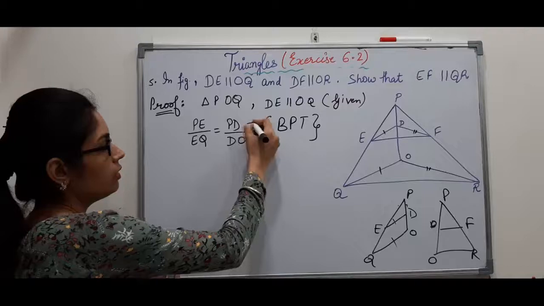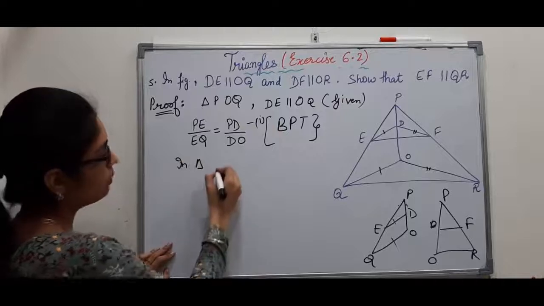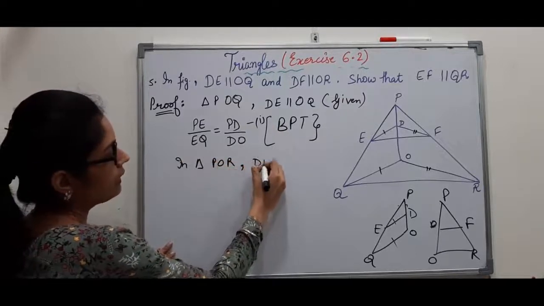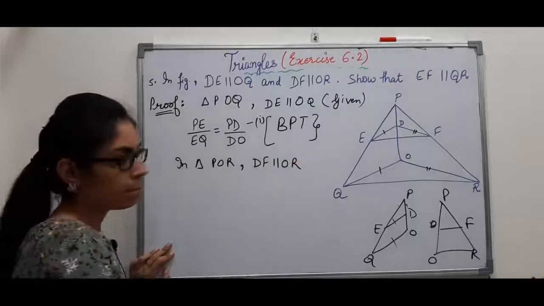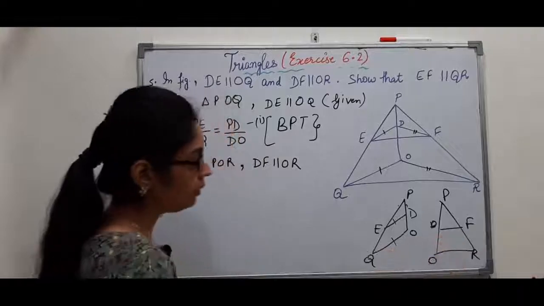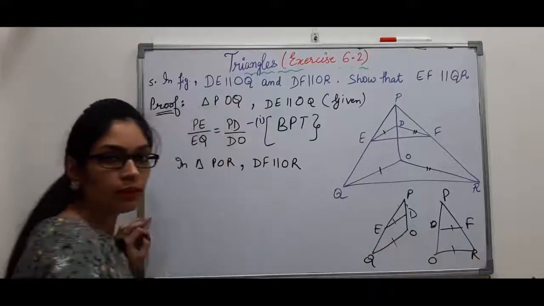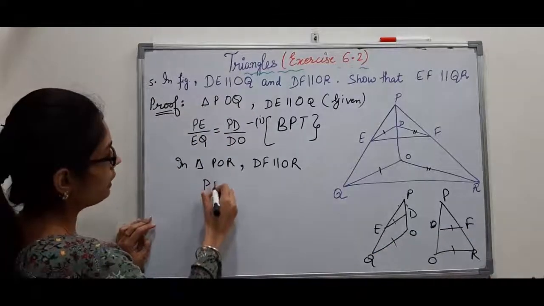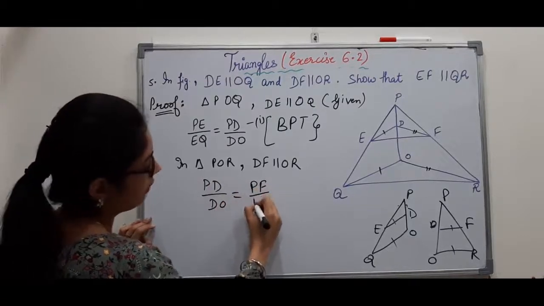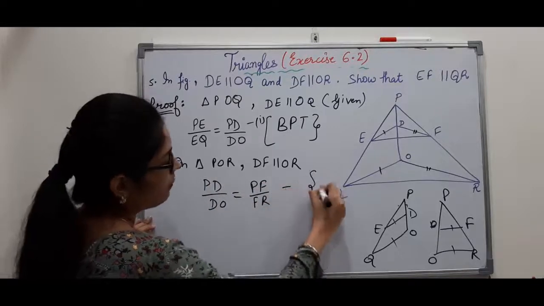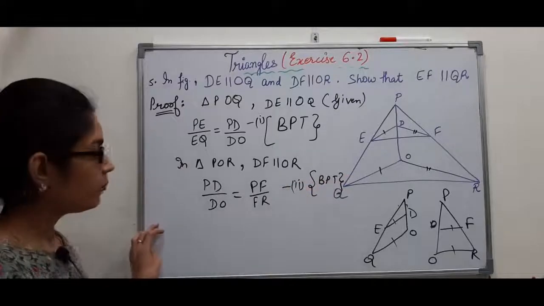So that's what we have written, the first point. Now let's take the other triangle, POR. It is given DF is parallel to OR. Parallel means again we can use the basic proportionality theorem here. If these lines are parallel to one another, the other two sides of the triangle are in the same ratio. So we can write PD upon DO equals PF upon FR. The reason is the same, basic proportionality theorem, and we can name this point second.